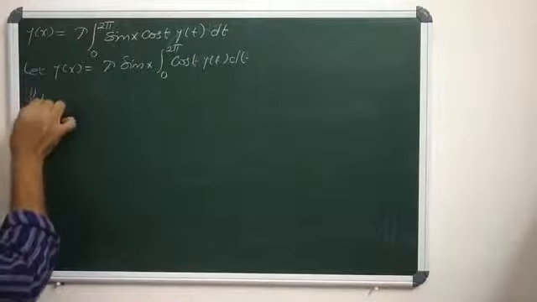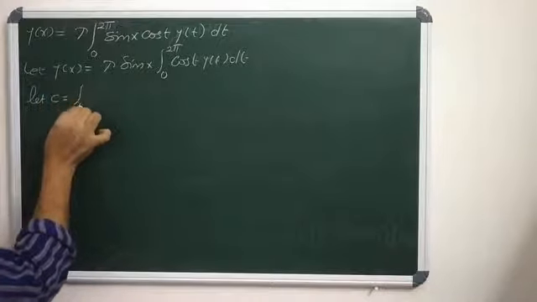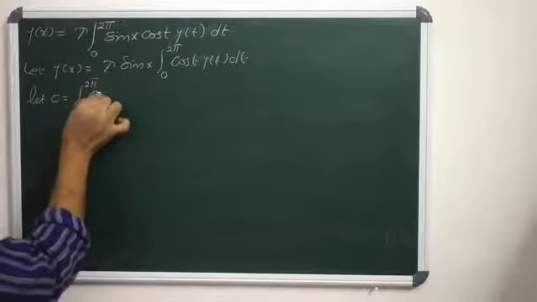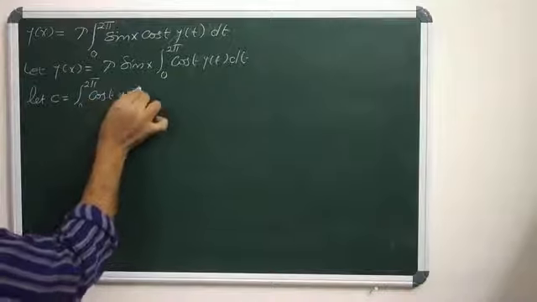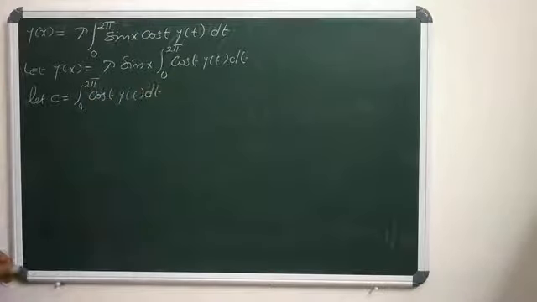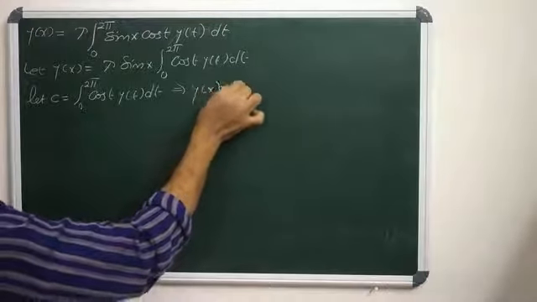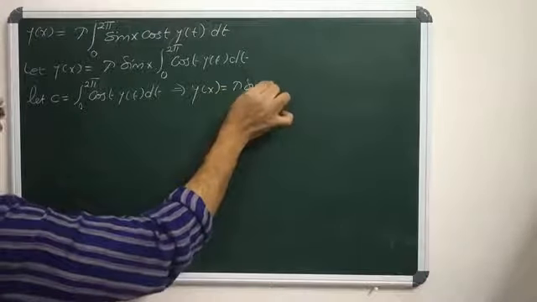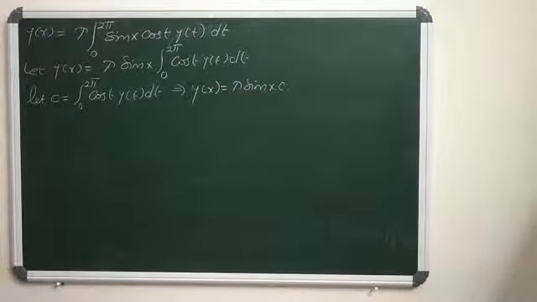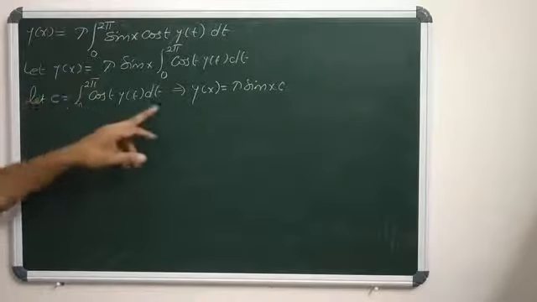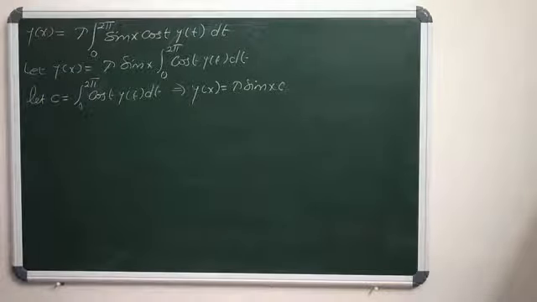Let c equals integral 0 to 2 pi cos t y of t dt. That means y of x equals lambda sin x into c.